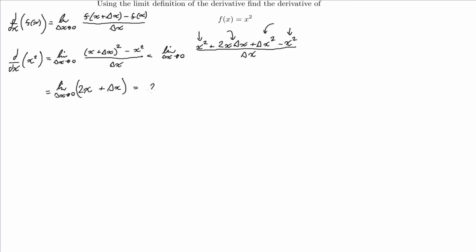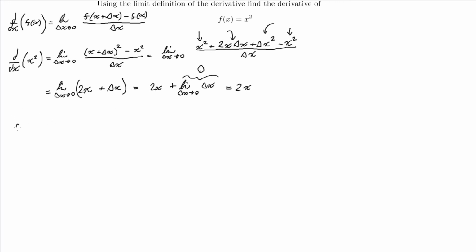We're going to have 2x times the limit as delta x approaches 0 of 1, which is just 1, and then plus the limit as delta x goes to 0 of delta x. Well, this guy right here is just 0. So then our final answer is 2x.